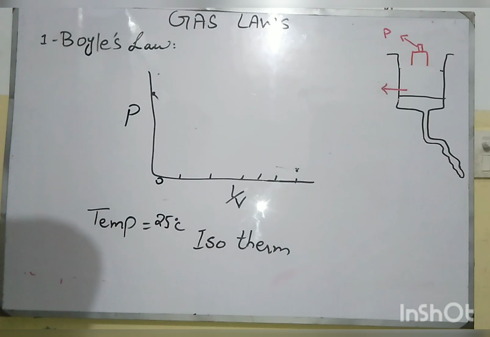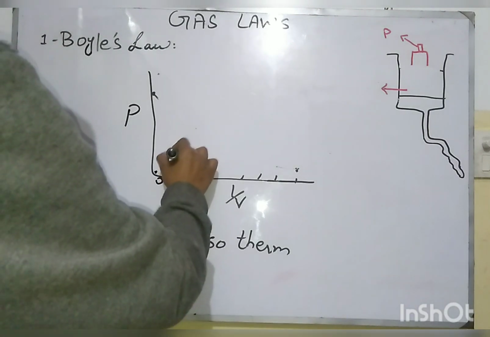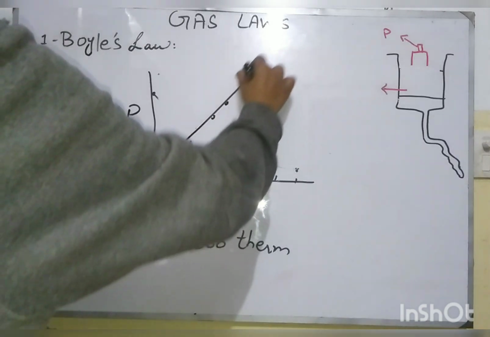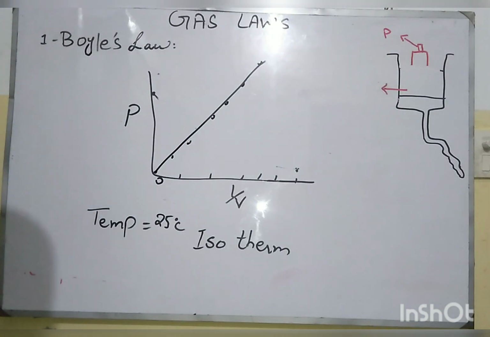Pressure and volume were inversely proportional to each other, but pressure and 1 over volume, or the inverse of volume, are directly proportional to each other. So as the pressure increases, 1 over volume will also increase. So we will get a straight line between pressure and 1 over volume. This was the second case.